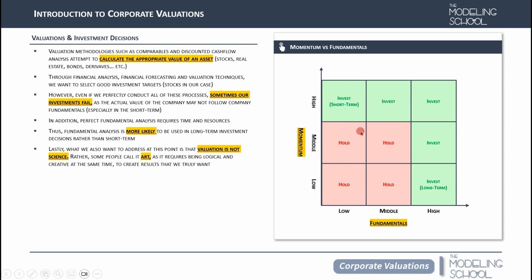So, where is the demand for fundamental analysis and valuation the highest? We can say that number one, it's in M&A. So when conducting M&A, we put in extensive effort to analyze, project, and perform valuations. This is because M&A typically involves long-term investments, and the assumption is that momentum will eventually catch up.